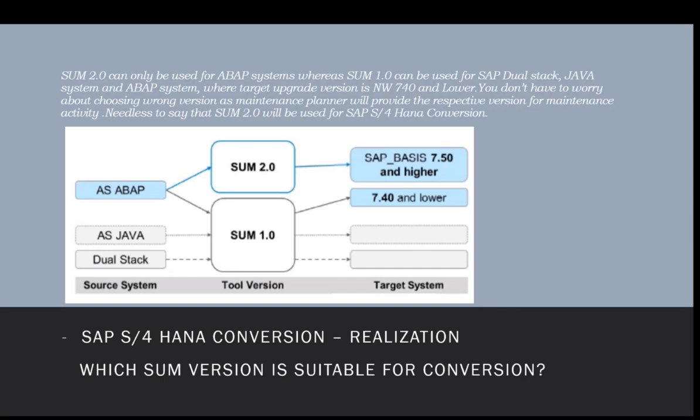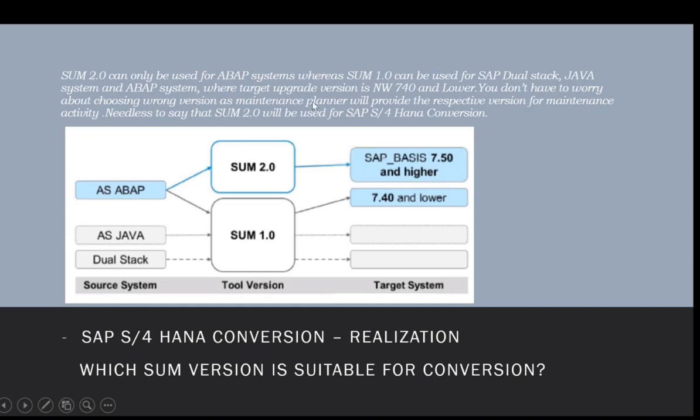So there are different types of SUM versions available in the market. It depends upon what type of conversion or migration we are doing. Depending upon our requirement, we need to download a SUM which is readily available on the SAP marketplace. Suppose SUM 2.0 is basically used for ABAP systems, whereas SUM 1.0 can be used for dual stack and Java systems.